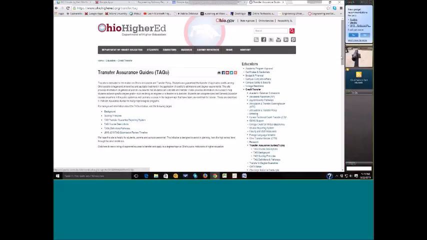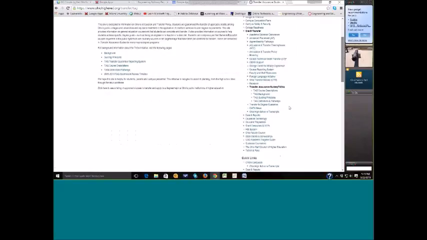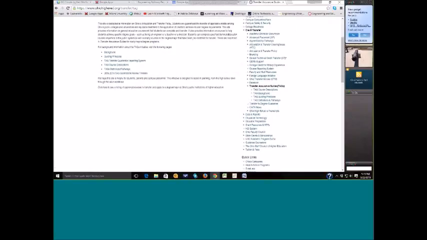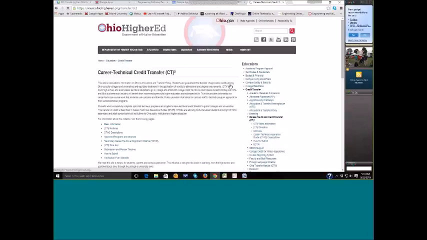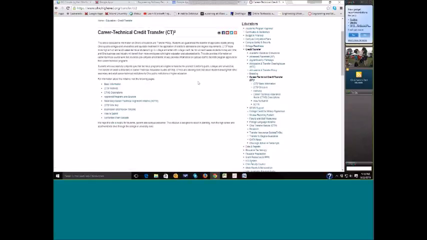What happened was the Board of Regents and faculty across the state said, hey, let's take this principle of alignment of credit and let's apply it to career technical credit. So the initiative called Career Technical Credit Transfer, CT squared, happened. And so here's CT squared, and this is what we're all about here in this workshop right now. So these are all the areas.